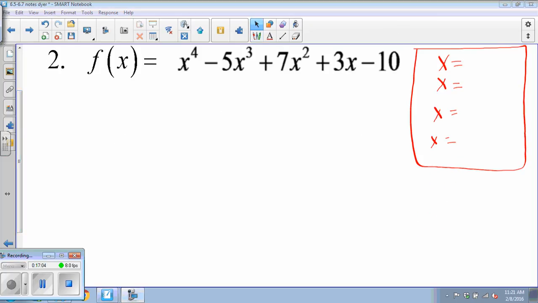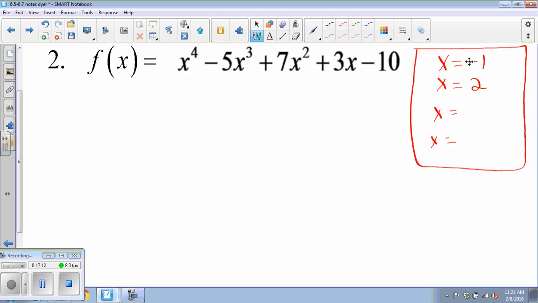Okay, so when you put this in your calculator, the easy zeros end up being negative 1 and 2. Those are your two easy solutions that you find in the table. Your table solution. Okay? So we do x equals negative 1, and we divide using that. And so it's 1, negative 5, 7, 3, and negative 10.